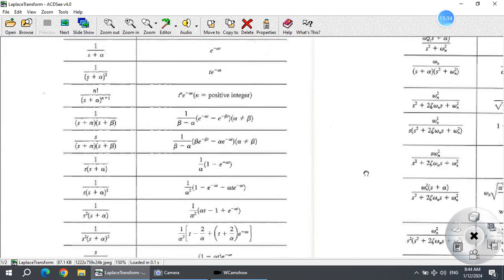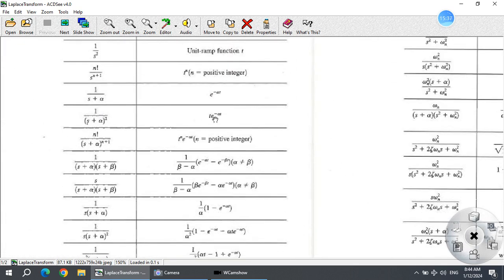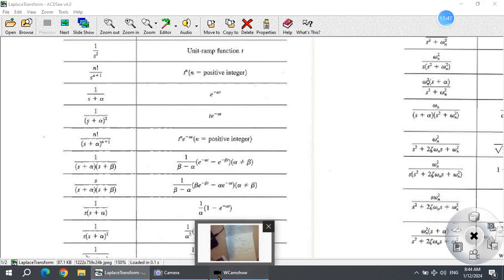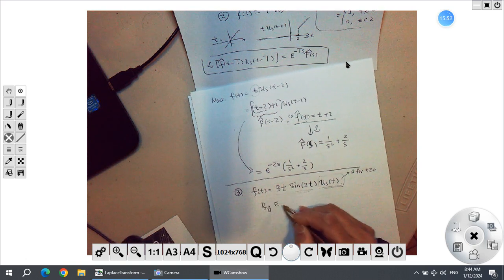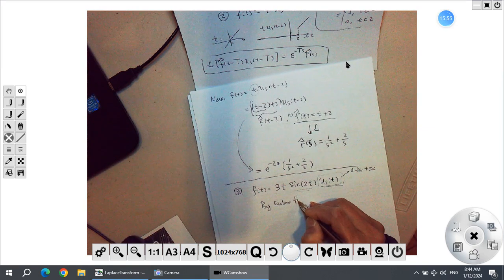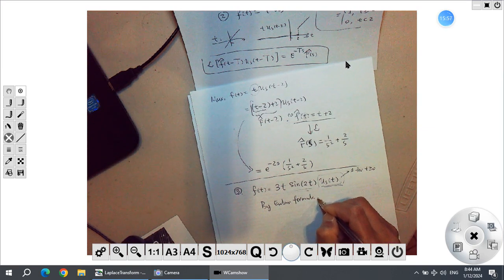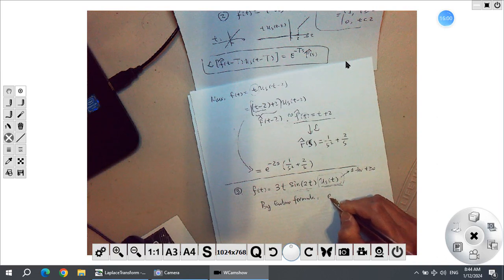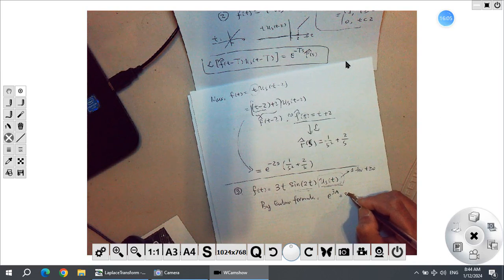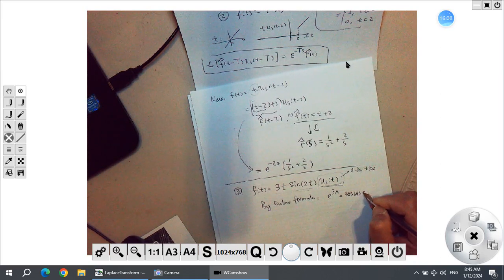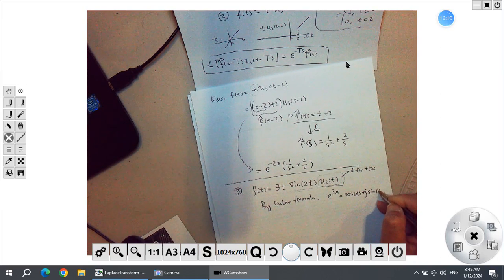Well, we use the Euler formula. We have t in front of exponential powers in the table, and a sine or cosine can be written in terms of exponential powers by the Euler formula. By the Euler formula, we have e to the ja equal to cosine a plus j sine a.